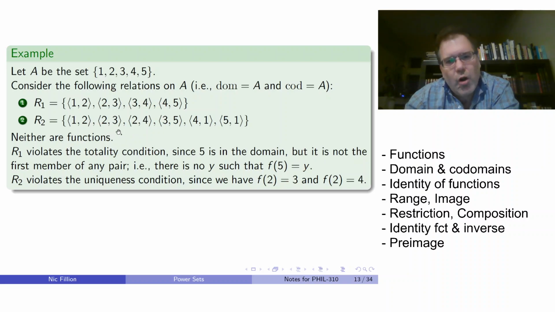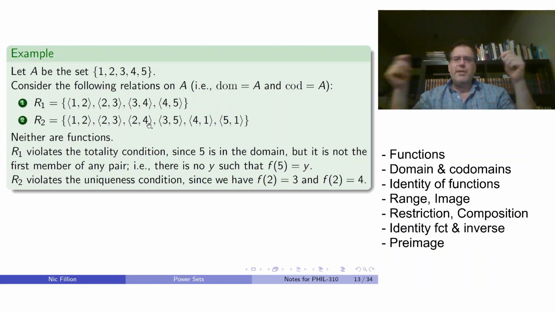Oh, we see that there are 2 different pairs in that relation that have 2 as the argument, and one maps 2 to the object 3, and the other one maps it to 4, which means that there are 2 different objects of the codomain that 2 is mapped on.